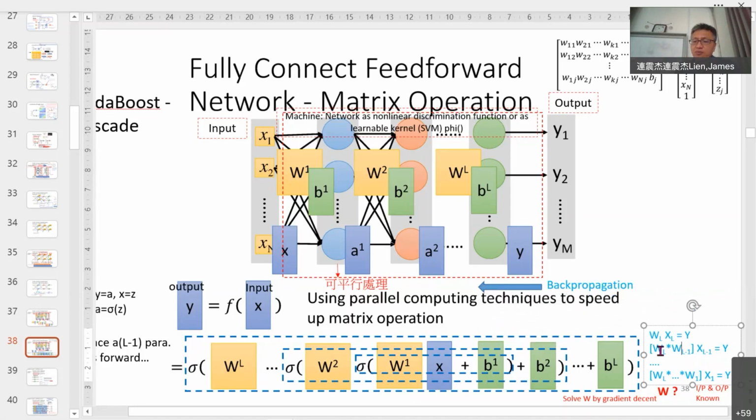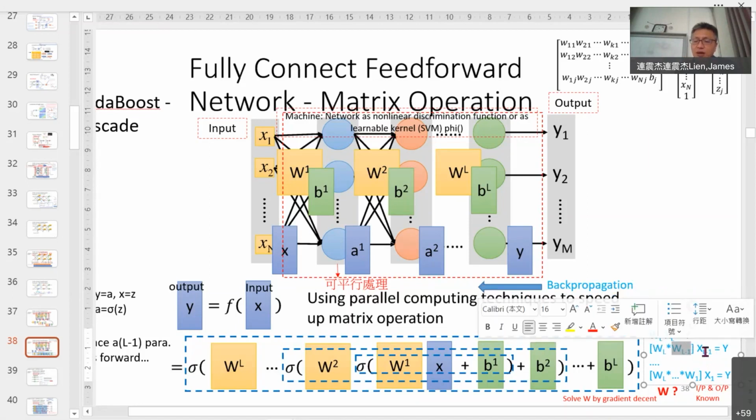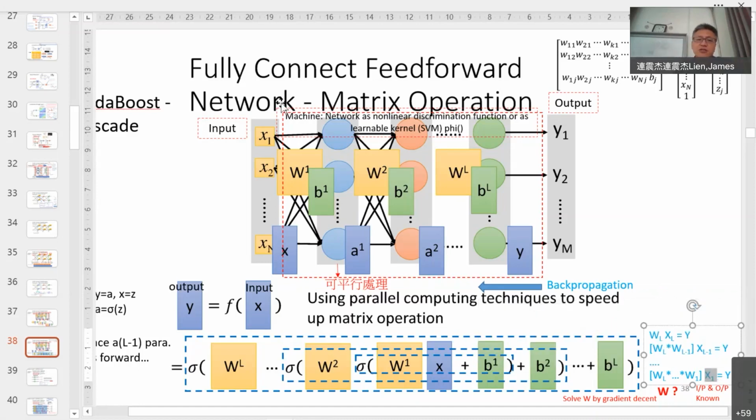So you have unknown WL, and you also have unknown WL minus 1. And this is your input, but your input is the previous output. So you backpropagate, and finally you reach the first layer.